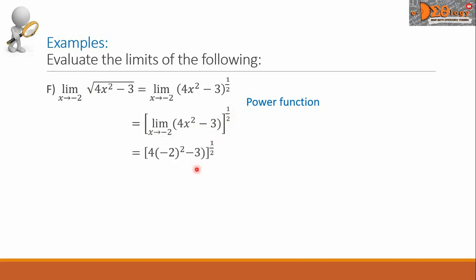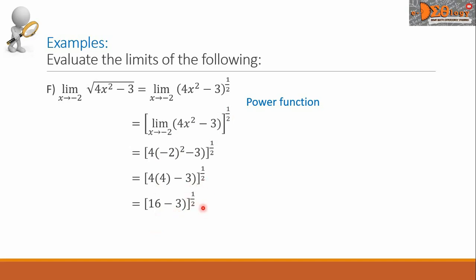Evaluating the limit, we have now 4 times the quantity negative 2, that is squared, minus 3. And this quantity is raised to 1/2. The square of negative 2 is 4. So we have 4 times 4 is equal to 16 minus 3.